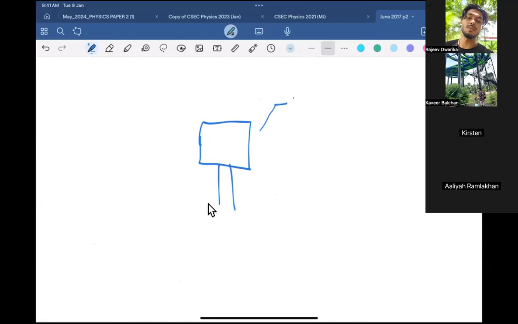Like 36. All right. What if you hold a block of ice in your hand? When you hold a block of ice in your hand, does the ice melt and the water go to 36 degrees Celsius immediately?